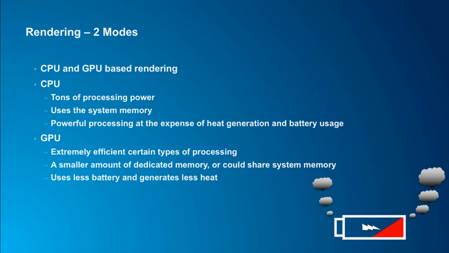The GPU, on the other hand, is extremely efficient at a small set of processing, right? It has a smaller amount of dedicated memory. It might share system memory. A lot of mobile devices share system memory between the GPU and the CPU. So when it processes, it uses way less battery and generates way less heat.